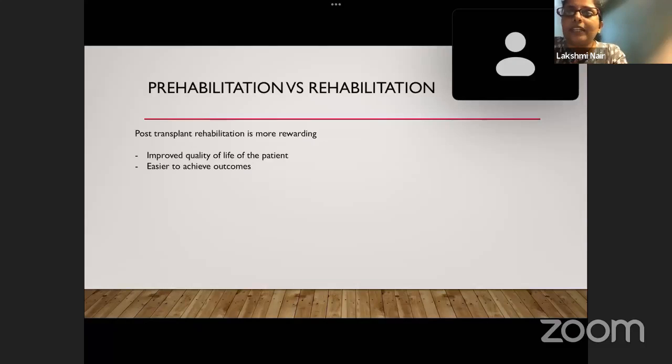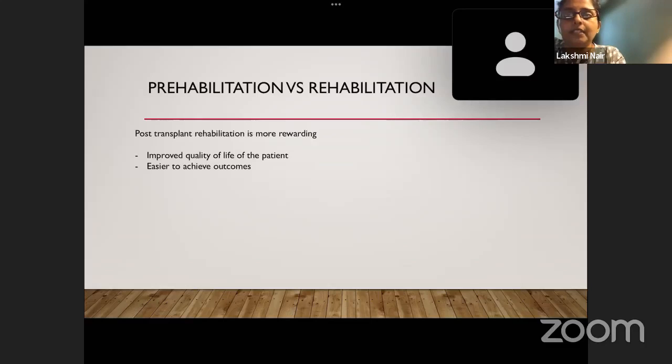Rehabilitation, we have heard from Sumanth, he has given a nice description. Rehabilitation actually starts pre-surgery. Till surgery, we have many limitations, but the patient's participation in the rehabilitation program would definitely decide how good the outcome of surgery is.